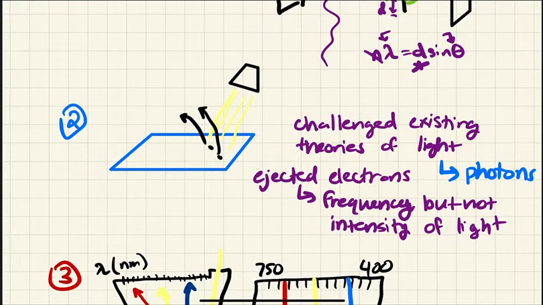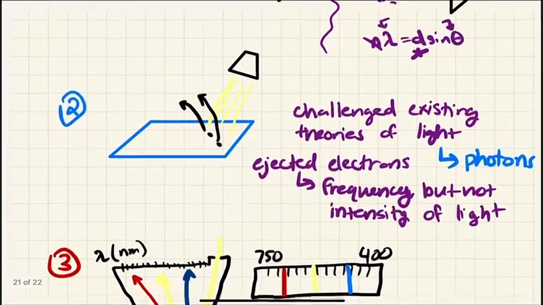And it was found that these ejected electrons depend on the frequency of the light, but not on the intensity of the light. So that led to some theory that there must be particles with discrete energy in the light that led to this ejection of particles from the surface. So you'll look at a simulation to determine what the voltage required in order to get a specific metal to eject electrons would be.